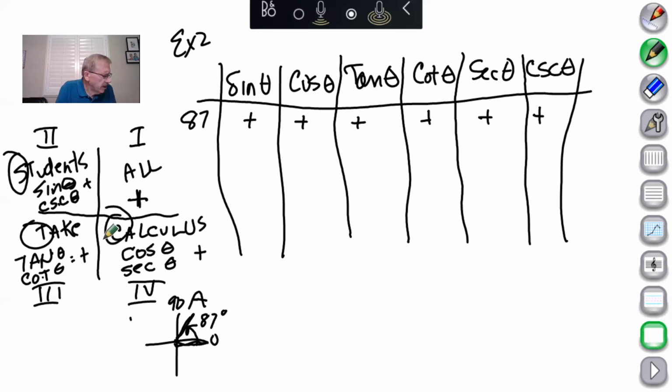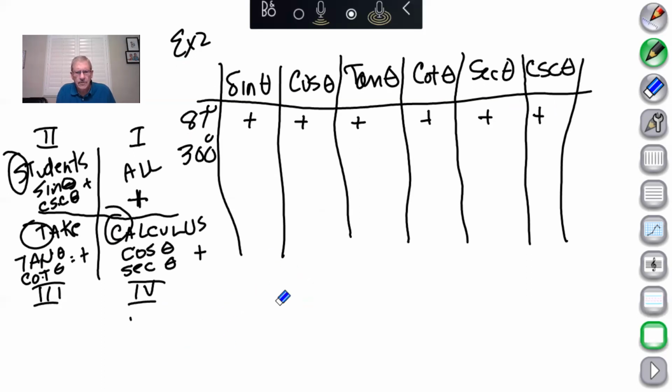Okay, let's look at the angle 300. 300 degrees. Well, what would 300 degrees look like? Let's draw a little grid here. Here's 0, 90, 180, 270. So 300 is going to be in this quadrant.